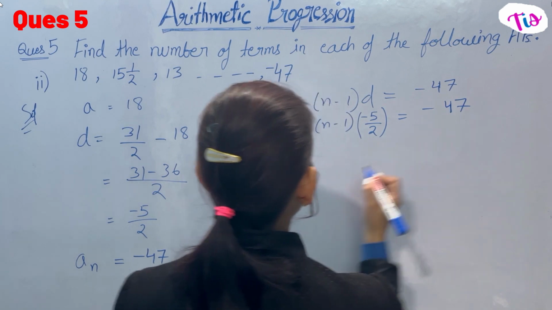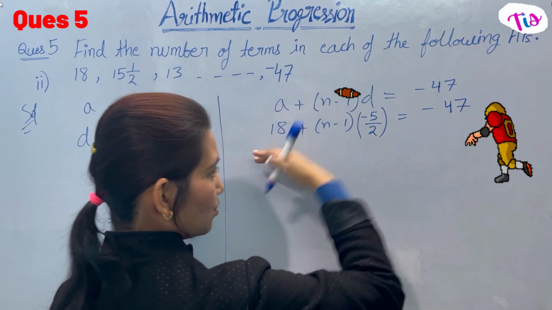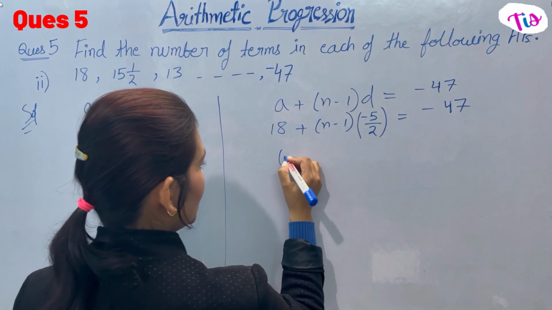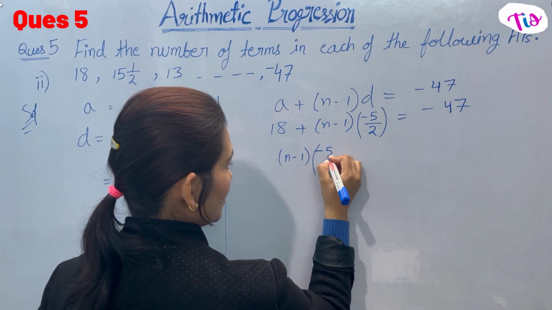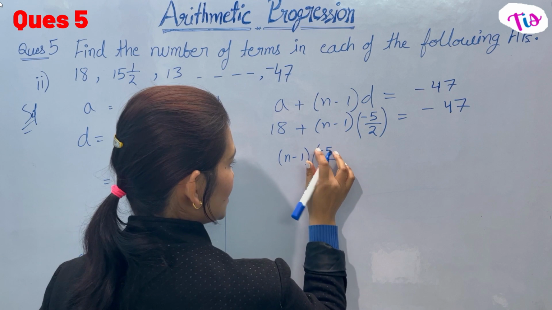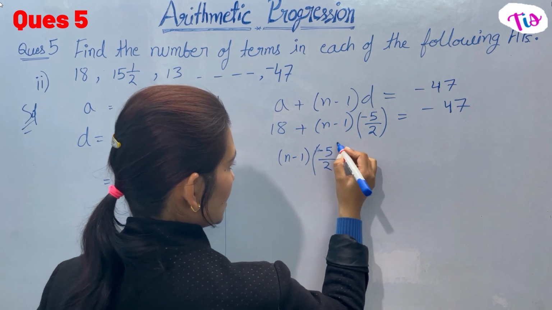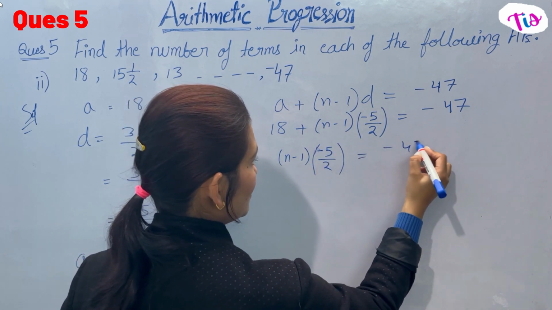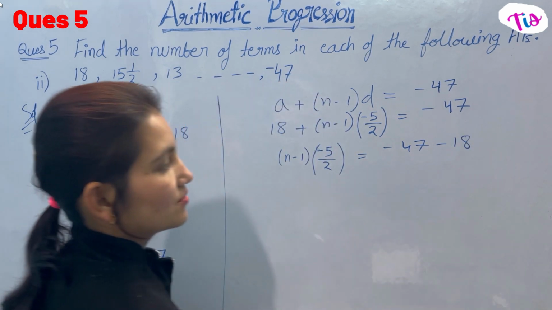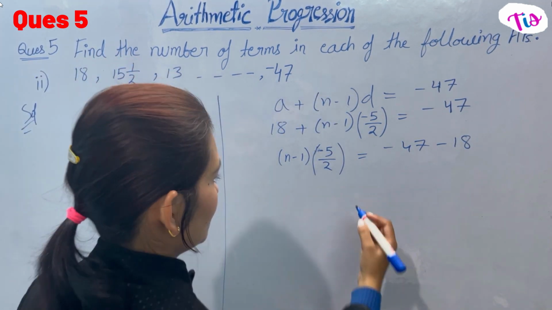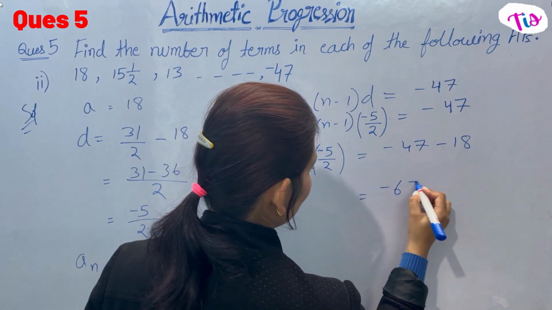So let's solve it. We'll throw the 18 to the right hand side, and we'll be left with all the variables on the left hand side. So n minus 1 into minus 5 upon 2 is equal to minus 47 minus 18, and minus 47 minus 18 is minus 65. So it will be minus 65.